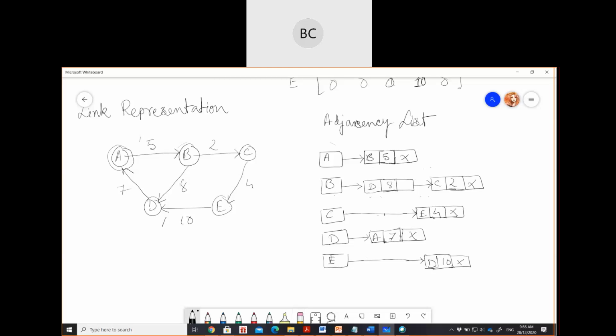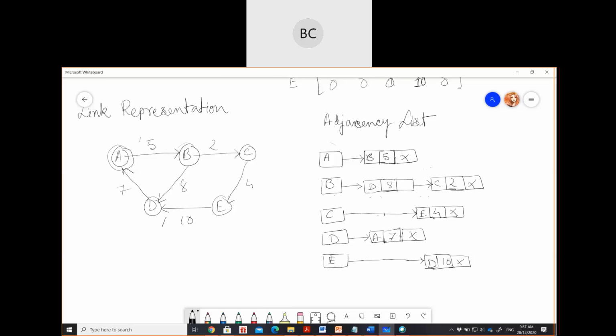Is this clear, everyone? X means null. Null means there are no unvisited nodes from that particular node. Okay, that's the last one.